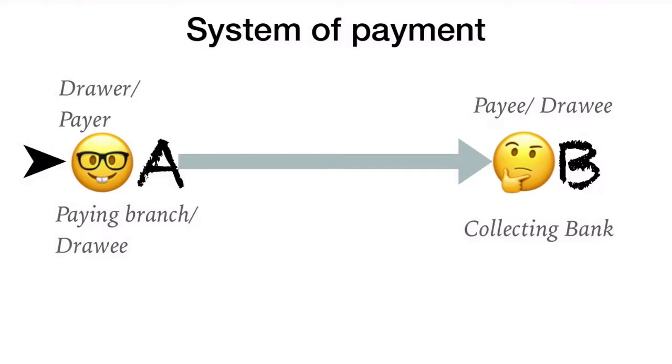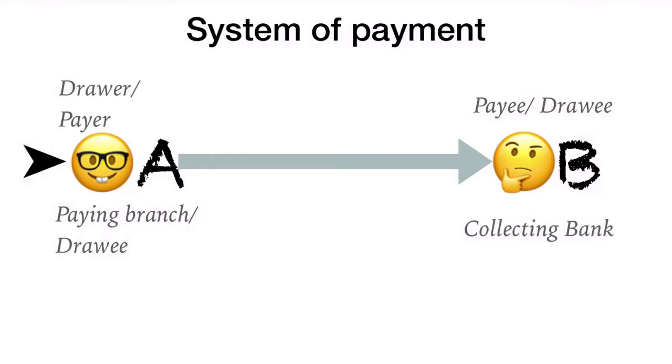And the paying branch, for example, I have an account in State Bank of India, Tambaram. In such a case, if I draw a check in the name of some Lokesh, then I am the drawer. My branch, SBI Tambaram, is the paying branch.